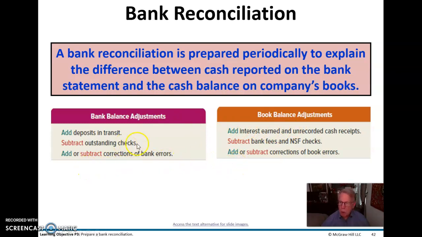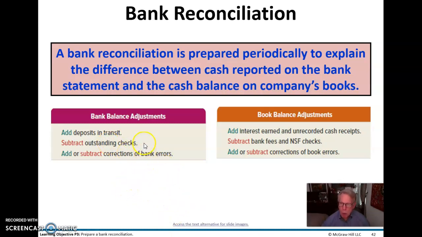So what we do here, we start with the bank side. We start here with the bank balance at the end of the month. And then we add any deposits in transit. That's deposits that we have made that have not yet been recorded by the bank, right?